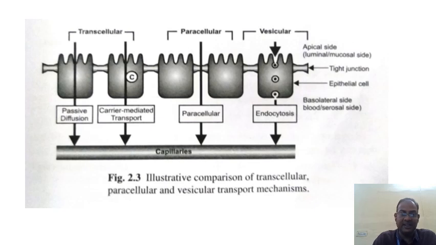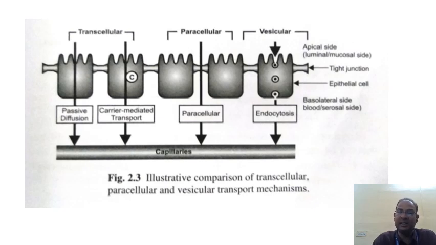So let me revise this. In the transcellular mechanism, the drug travels through the cell, reaches the cytoplasm, reaches the other part of the membrane and then is released out. If the drug travels through the cell, this is called transcellular. If the drug travels across the tight junctions of epithelial cells, this is called paracellular.